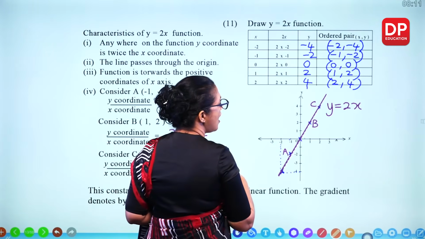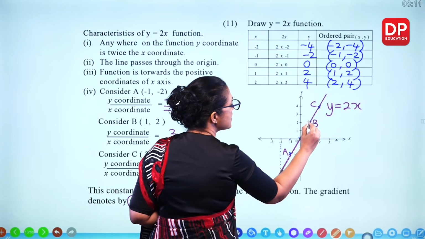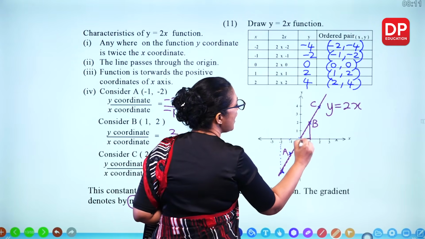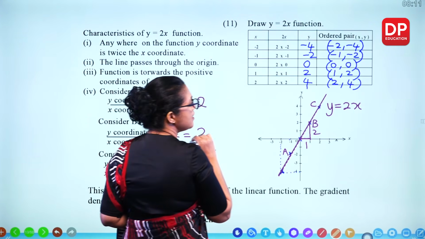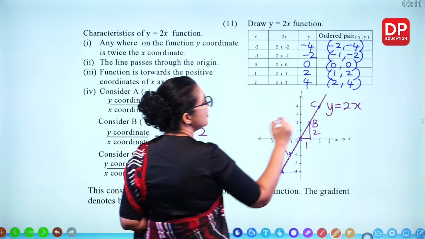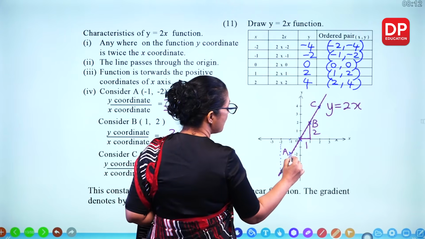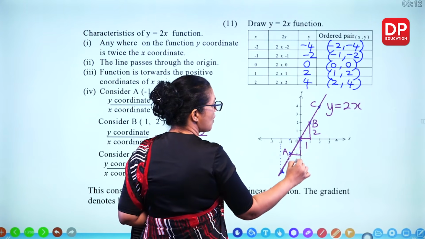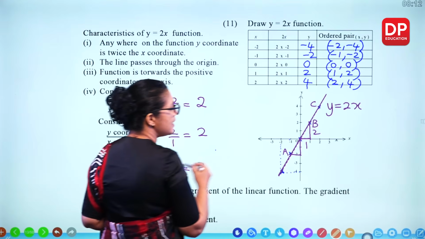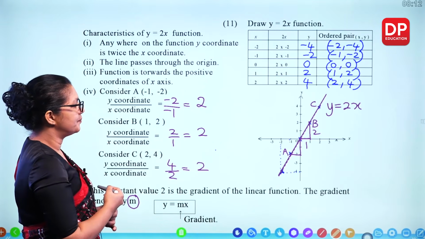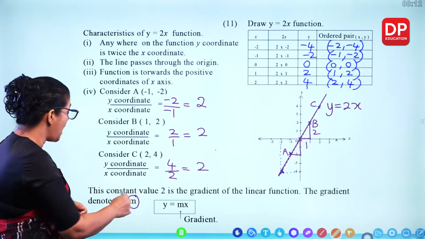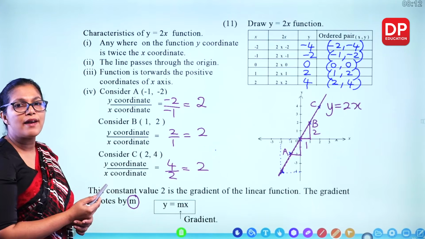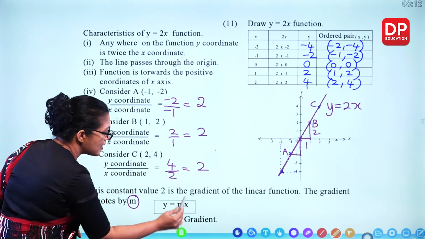So here, how do we find the steepness? You can take the y value and divide by the x value. So if this is m, you can write the line y equals mx.